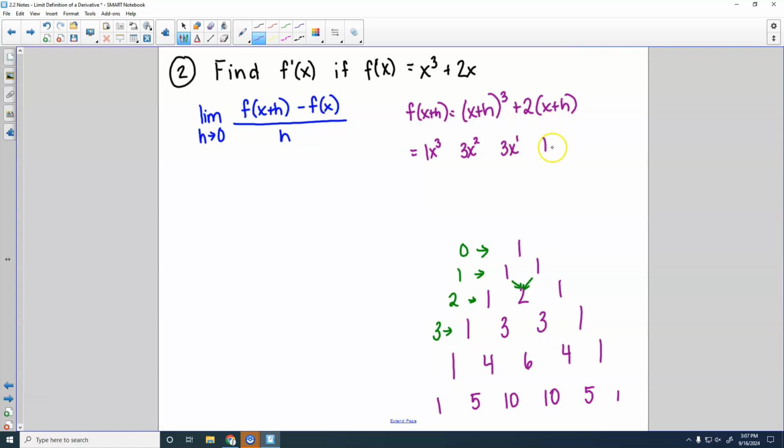So you start and descend with one of your variables. With the other variable, you start with 0 h's, then h to the 1st power, h to the 2nd power, and h to the 3rd power. You just have plus signs in between everything because you won't see a minus in there. It'll always be plus. Does that make sense? The x goes 3, 2, 1, nothing. The h goes 0, 1, 2, 3.